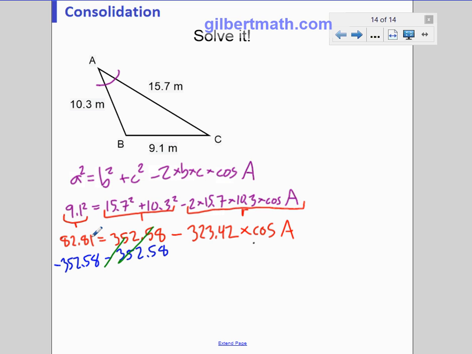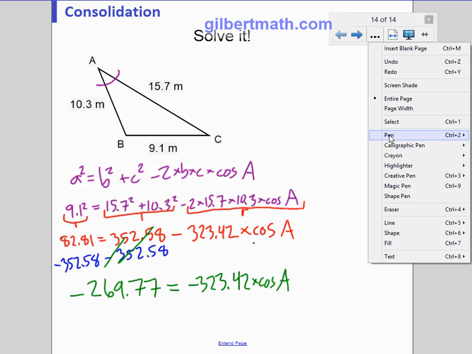So we have 82.81 minus 352.58, and on the left-hand side we have negative 269.77. That's equal to, on the right-hand side, negative 323.42 times cos A. So we're actually getting pretty close here.